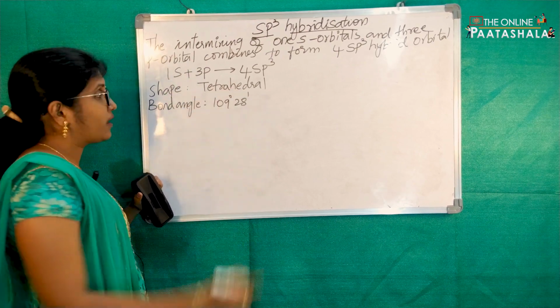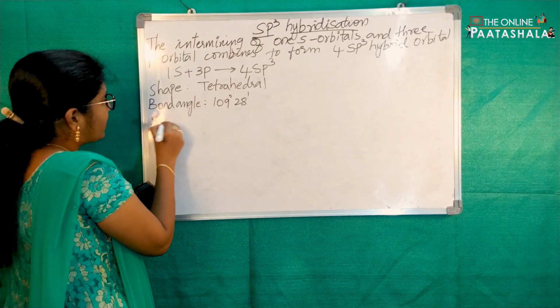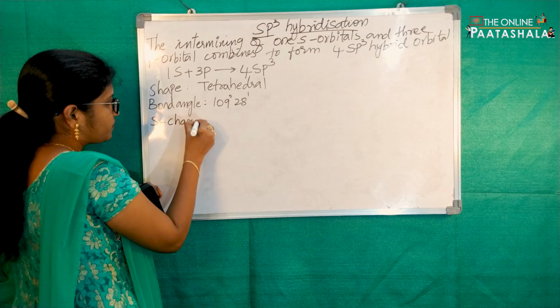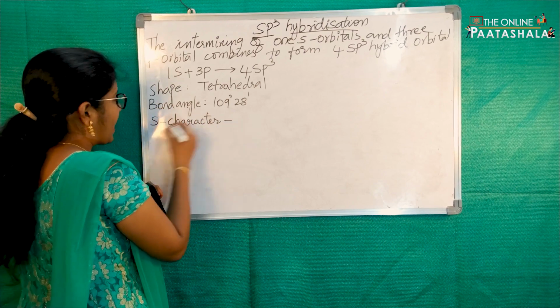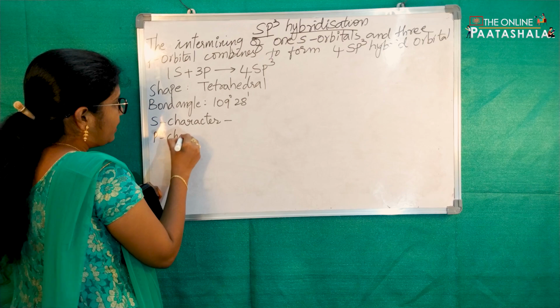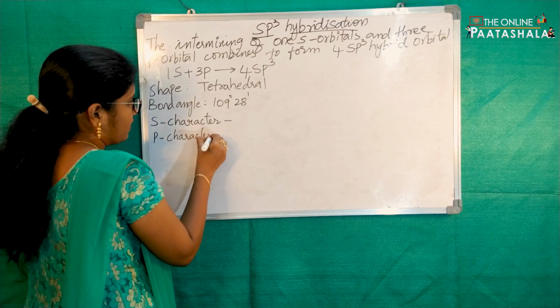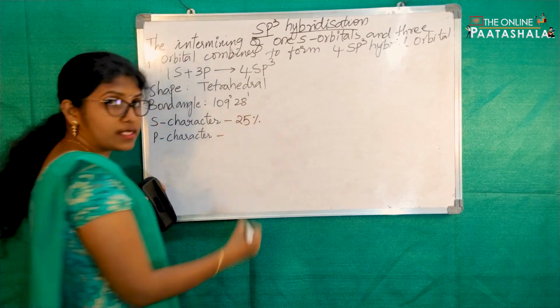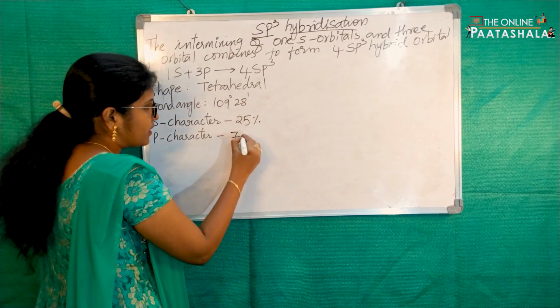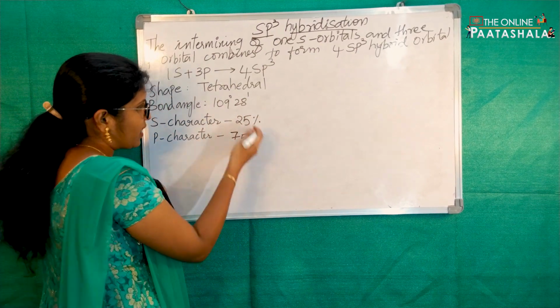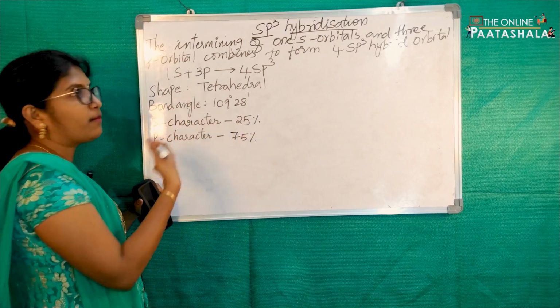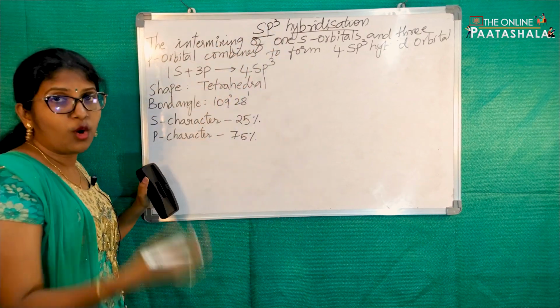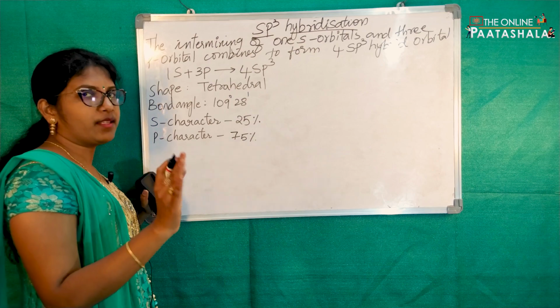And now what is S character and P character? How much is S character? That is 25%. And what is P character? 75%. If you add both, you will be getting 100%, and that 100% is for the whole sp3 hybridization.